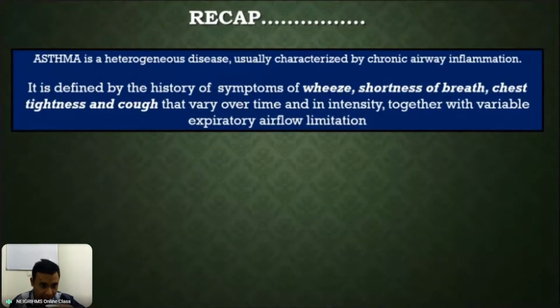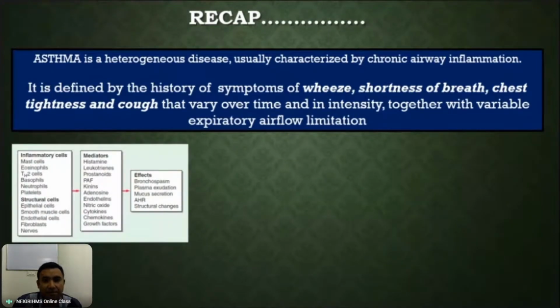Firstly, most important, the diagnosis. You have to understand that asthma is heterogeneous. There's symptoms of wheeze, shortness of breath, chest tightness, and cough. And the variation may be every day, or it may be different times of the year. And the intensity also changes. And pathophysiology, again, there are multiple inflammatory mediators that take part.